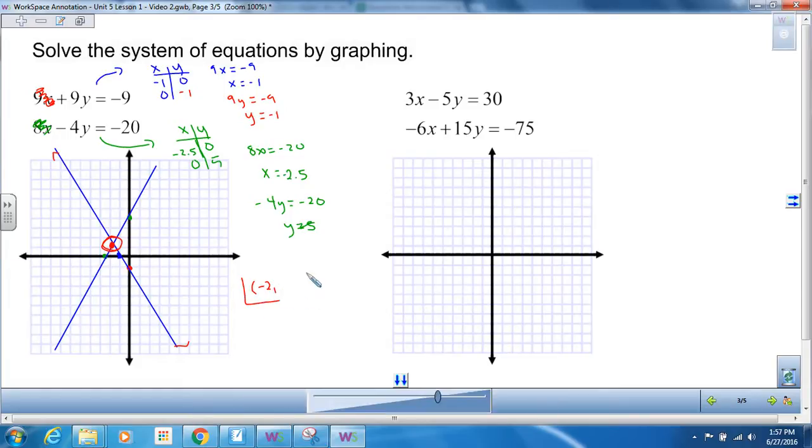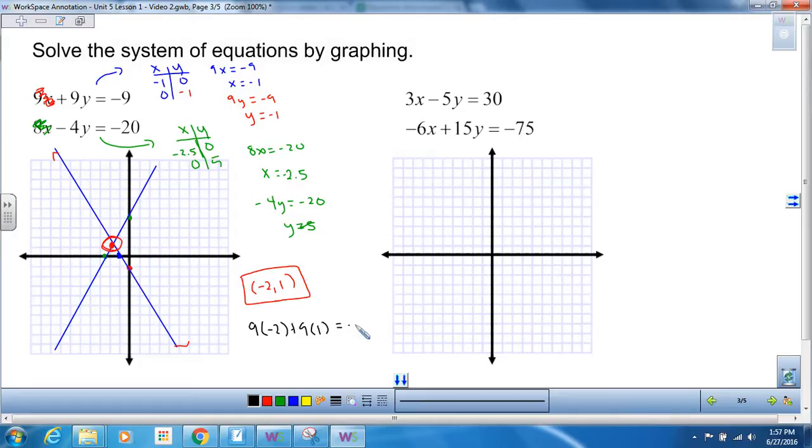And you can always check that that's right by plugging it back in. So 9 times -2 plus 9 times 1, does that equal -9? Yep, so we're good there.